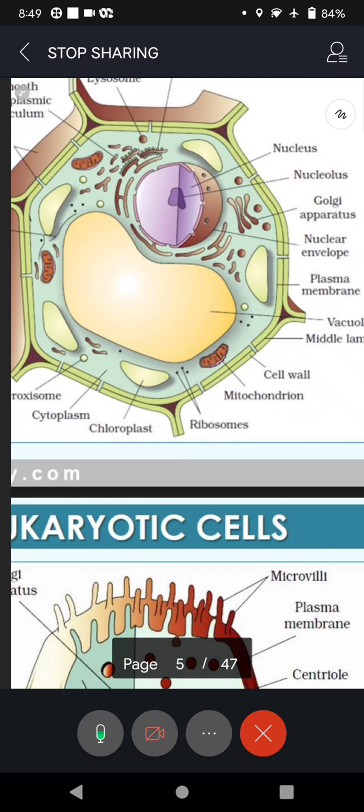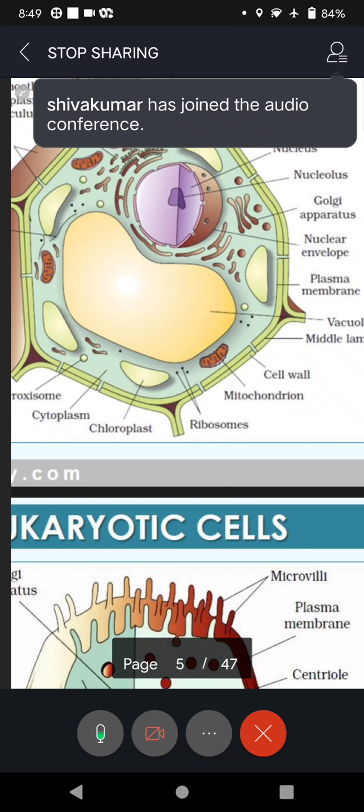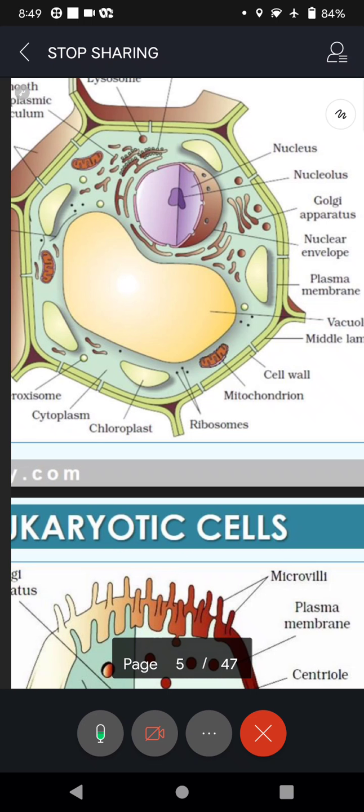And what is the significance of that? Any idea? Anyone? What is the role of nucleolus? Any idea? It contains chromosomes, sir. Okay, nucleus contains chromosomes. I am asking about nucleolus.